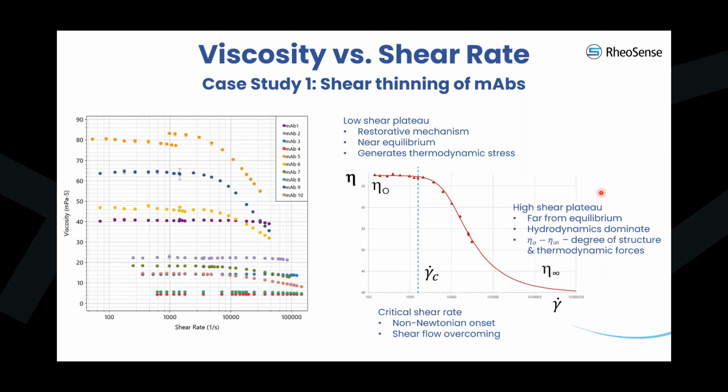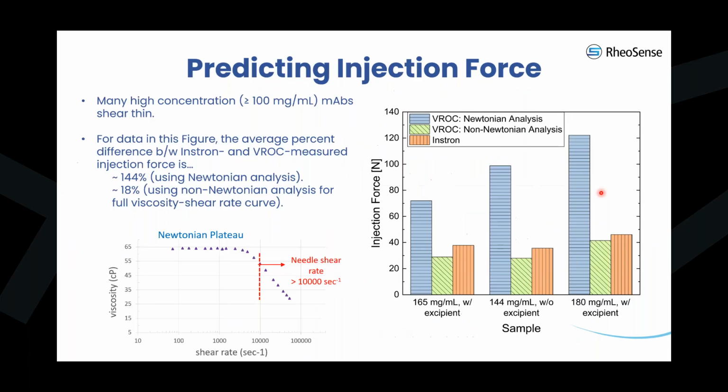This shear thinning characteristic is typical in concentrated protein solutions, and that's exactly why it's important to look at viscosity across different shear rates, not just at a single point, because it makes a big difference in injectability, which I will discuss in the next slide.